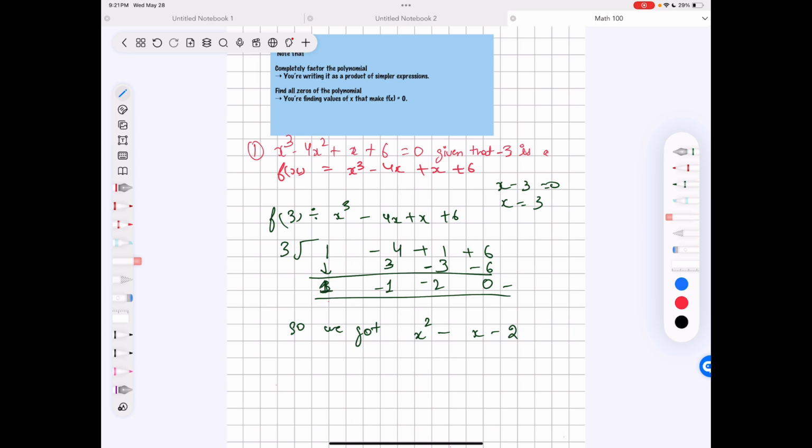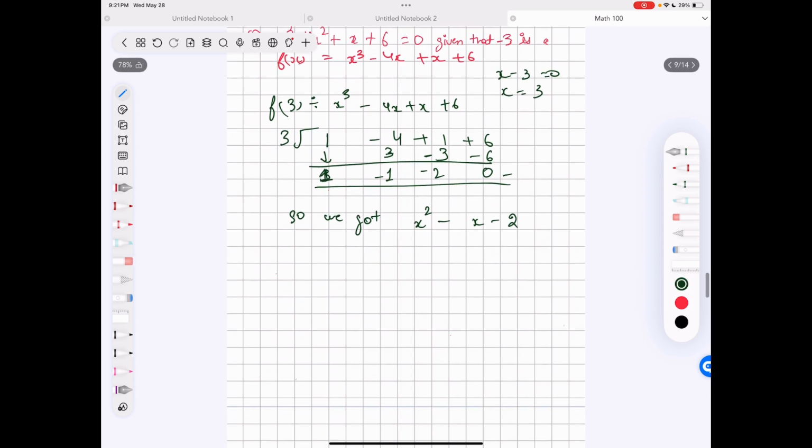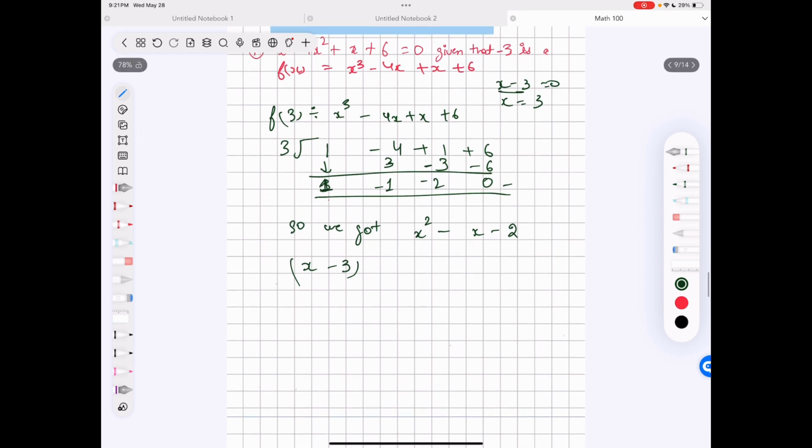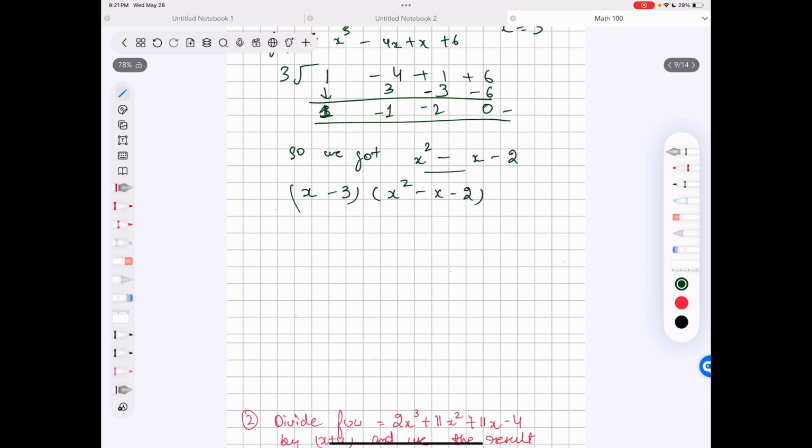So once we do that, we would have to factor it. So we had x minus 3, which was given to us. So we're going to take this, and then whatever we get as a quotient, we're going to factor it.